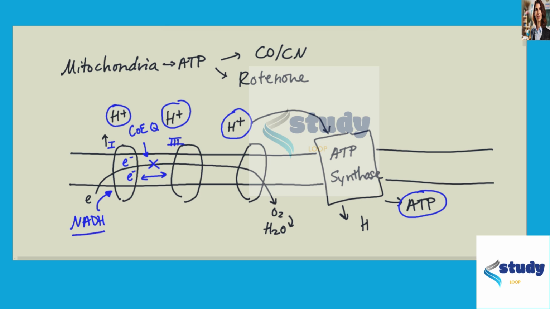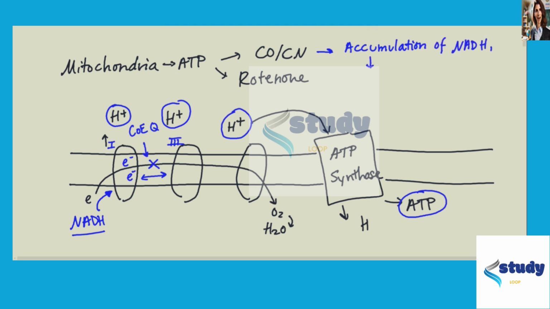So it's going to remain as NADH and be unable to be converted to NAD. The results of carbon monoxide or cyanide poisoning are going to be the accumulation of NADH.